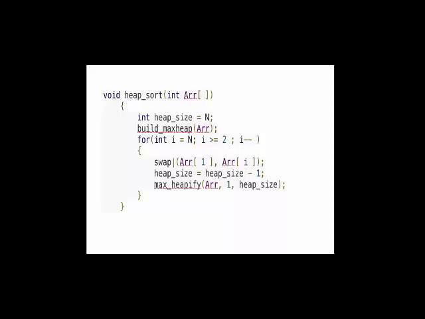After building the max heap, what you have to do? In order to get the sorting result, you have to continuously delete the elements in the heap in order to get the sorting order. For that reason, you are using a for loop, and you are taking the index variable I, which is initialized to n.